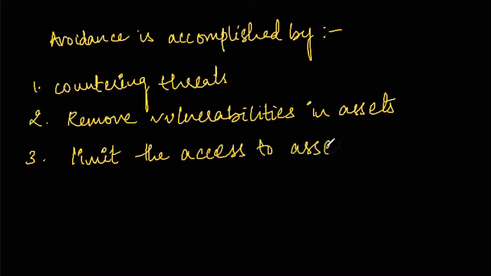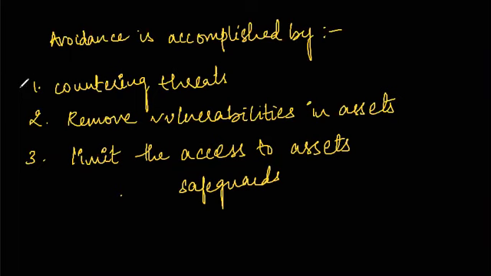That is, only the people who need those particular assets to work on them are going to have access. The others are not. This can also be called adding safeguards.